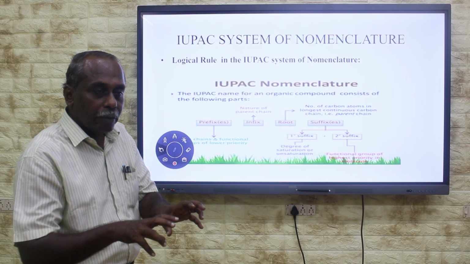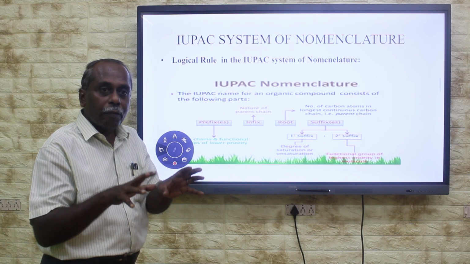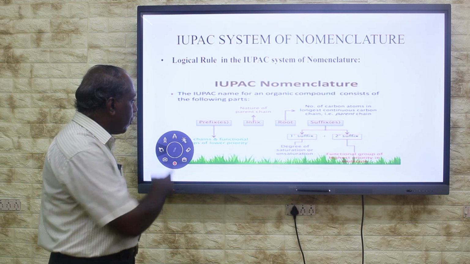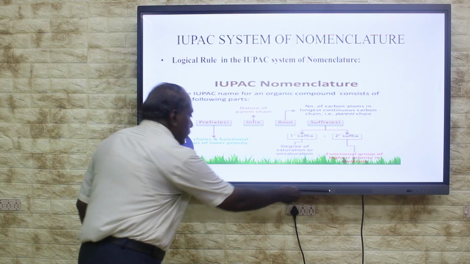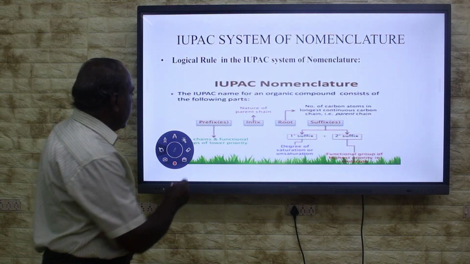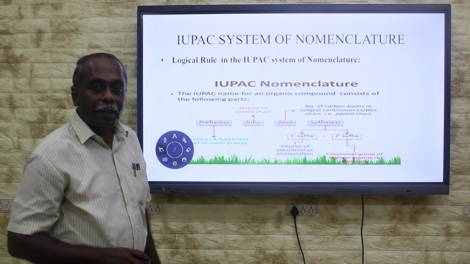When you give the name, there is a framework. With the help of this framework, we are going to give the name to the compound. The primary prefix talks about the substituents present in the organic compound.